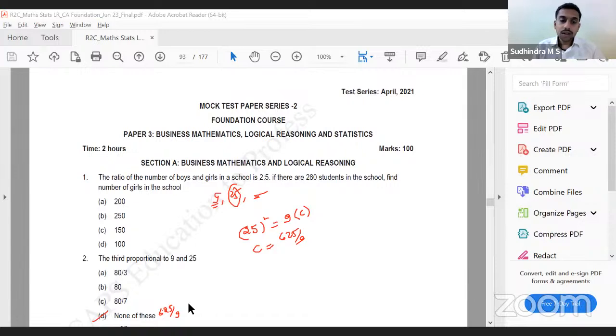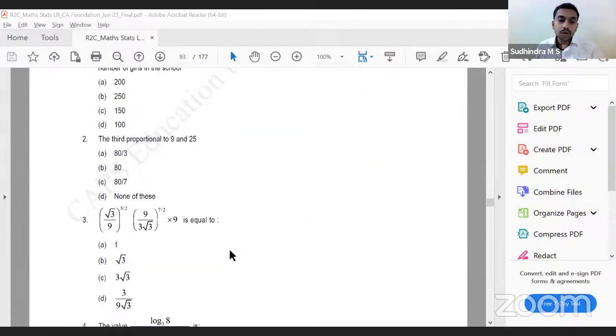Next question. Question number 3. Root 3 by 9 to the power of 5/2 into root 9 by 3 root 3 to the power of 7/2 into 9. 1 is the right answer.